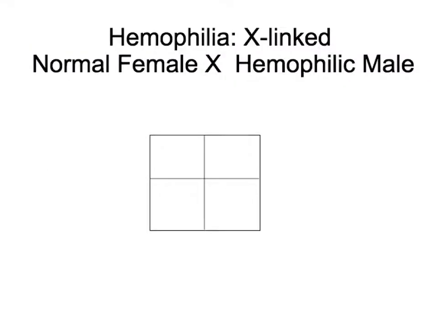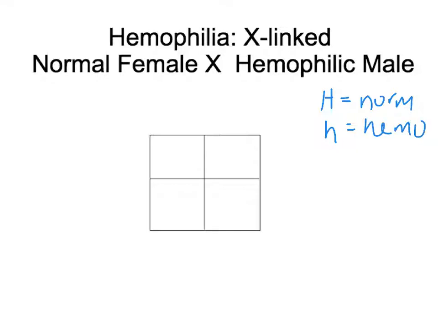In order to demonstrate this example of hemophilia as an X-linked trait, we know that this gene is found on the X chromosome. So I'm going to assign some letters where the large H typically is a normal condition, and a small lowercase h would indicate hemophilia.